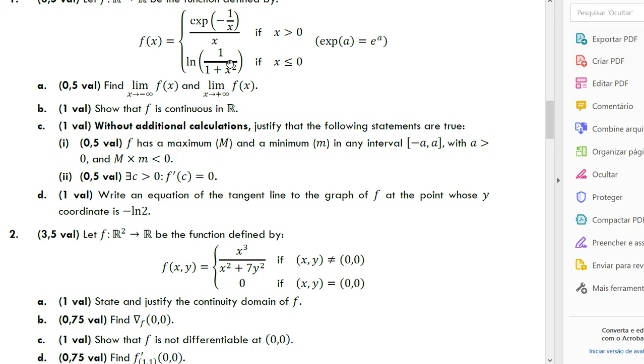Now, without additional calculations, justify if the following statements are true: f has a maximum M and a minimum m in any interval [-a, a], where one is positive and the other one is negative, right?